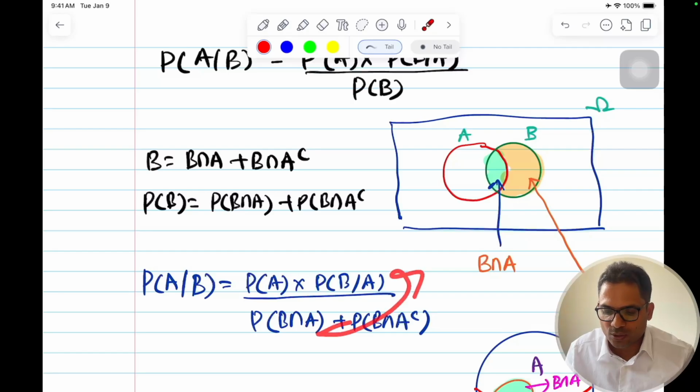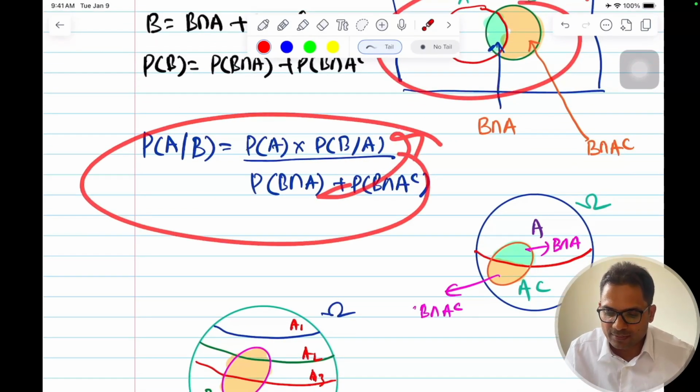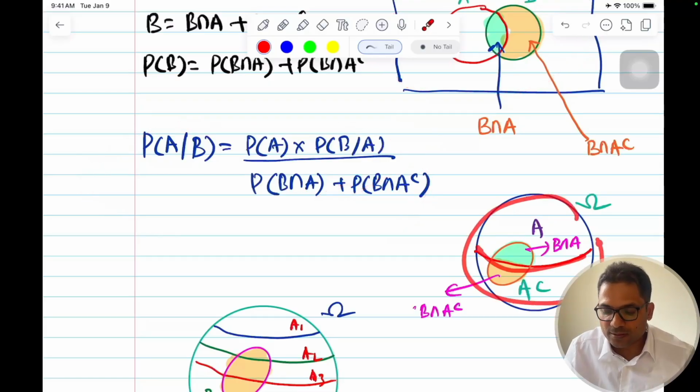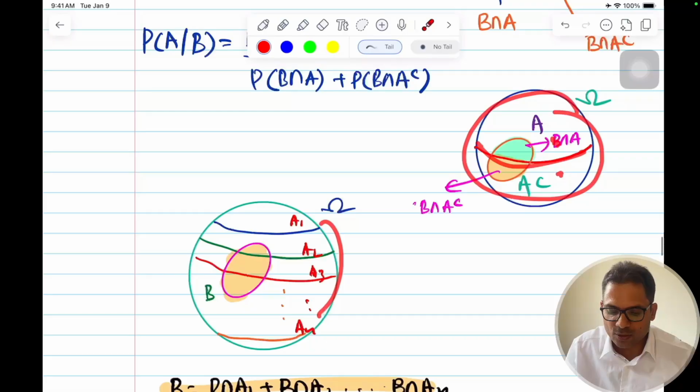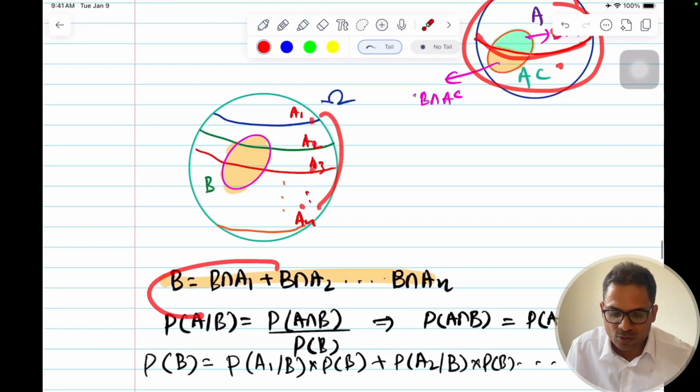And then we discussed total probability and a generalized Bayes theorem. For total probability, we saw that the whole sample space can be divided into A and A complement, and that can be generalized into n such parts. The total probability of B can be found by its intersection with all such parts.